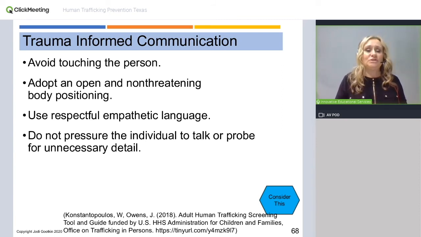You wouldn't want to do that to the individual. Keep an open posture. Be close, but not too close, because that could be threatening. Use calm, empathetic, non-judgmental language to slowly build a rapport with the individual. You're not investigating. You're not pressing for a story in every detail. You want to just create a situation where they can start opening up.